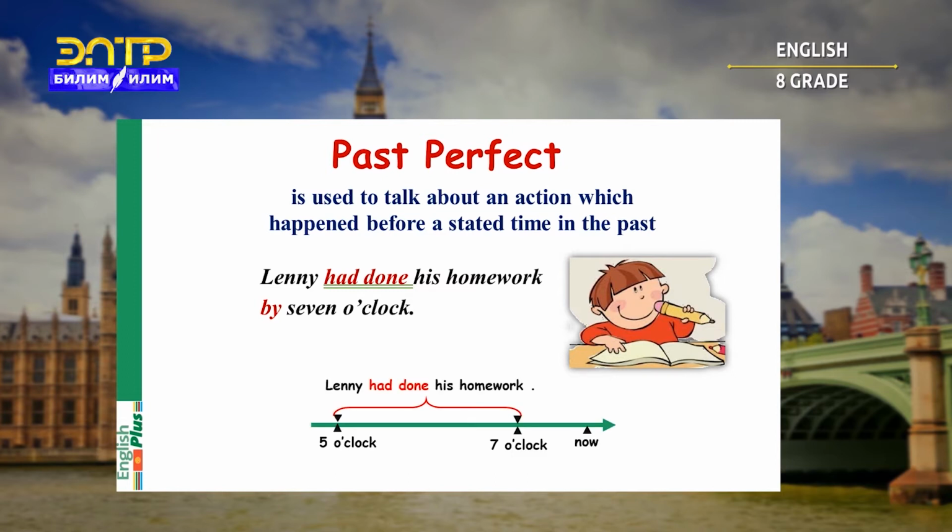We can see that the action had finished before 7 o'clock in the past. Lenny probably started doing his homework earlier, maybe at 5 o'clock. And by the time in the past, by 7 o'clock, he had done it. So, we should put the verb into past perfect form.